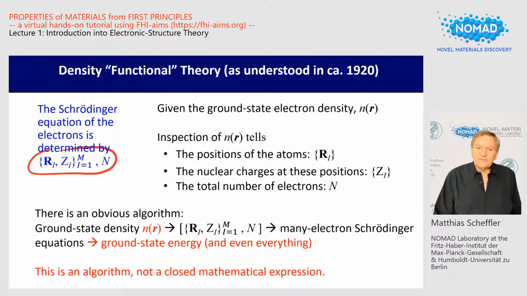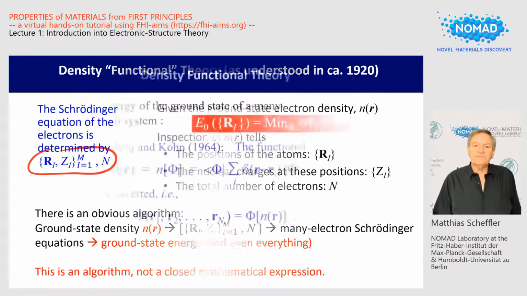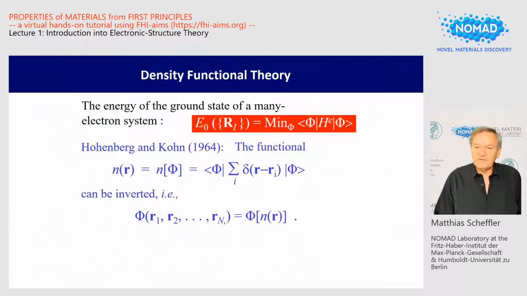In this idea, density functional theory starts from the known variational principle of the Schrödinger equation: if you have an expectation value of the Hamiltonian with respect to the wave function, the minimum with respect to test wave functions of this expectation value is the ground state total energy.